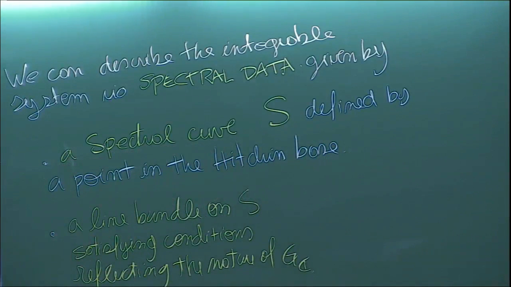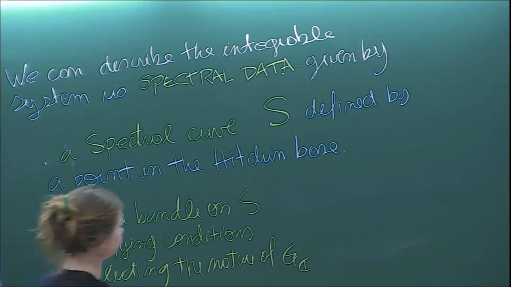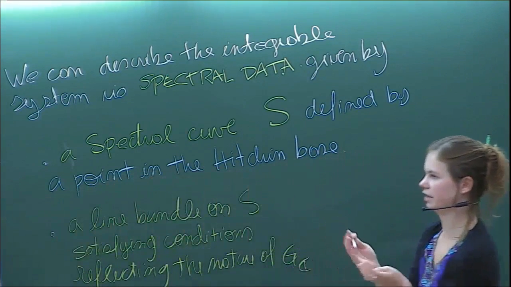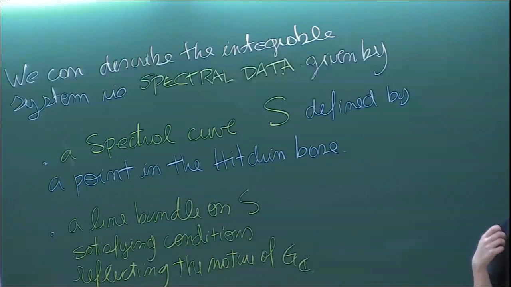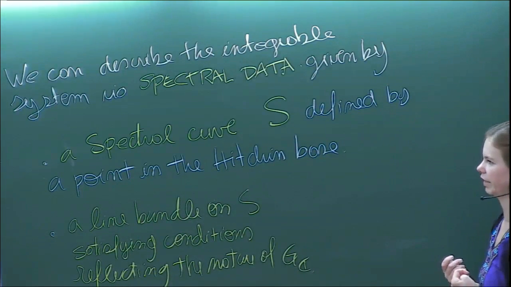And how do we define it? Well, we're going to define it through these invariant polynomials. The way you can do it is by taking the invariant polynomials or directly going to the characteristic polynomial of the Higgs field.